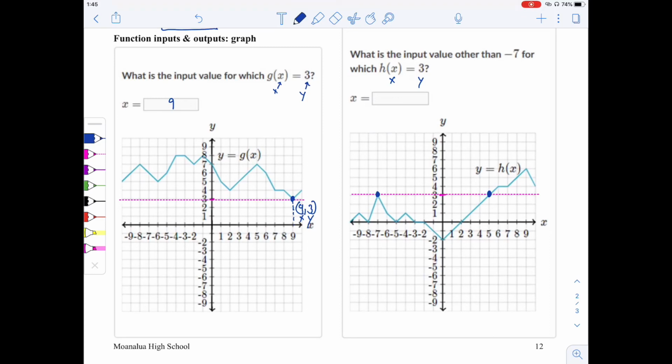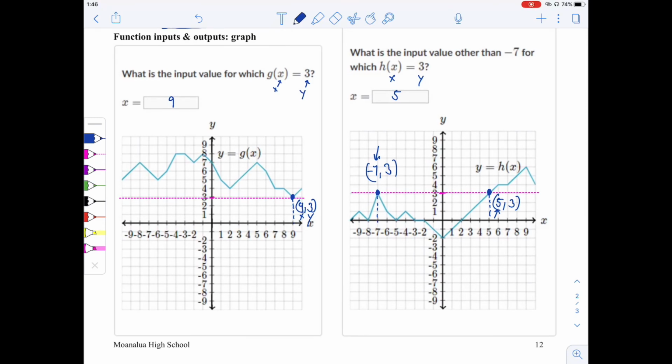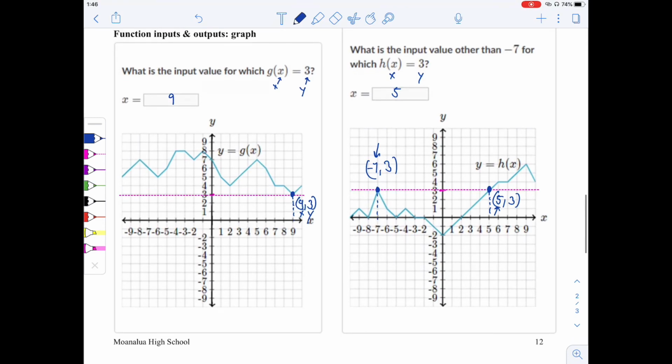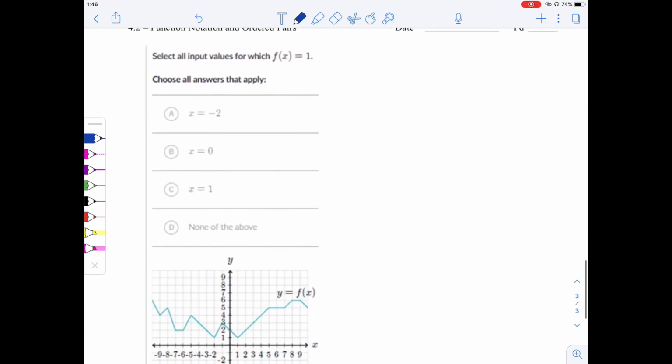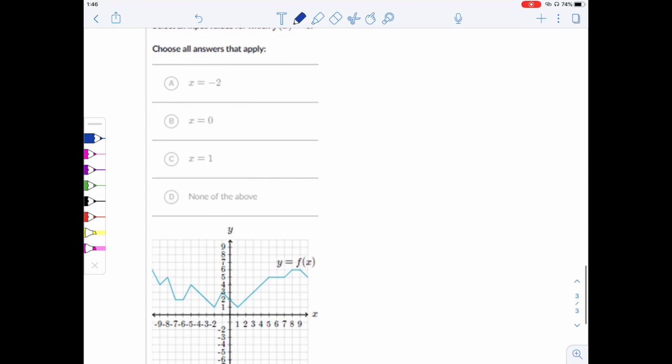So this point is -7, 3. This point is 5, 3. So it asks you what input value other than -7, and that's going to be 5. That's our other one, when x is 5. So you have two answers, 5 and -7, and the other one is 5. Again, next one you can do.